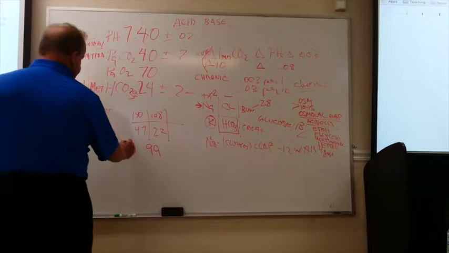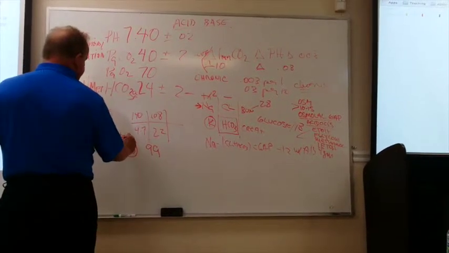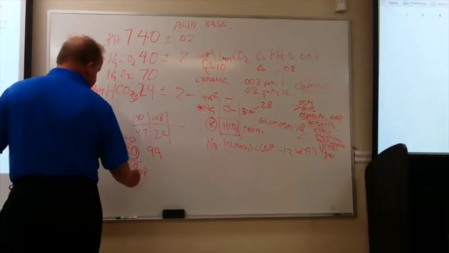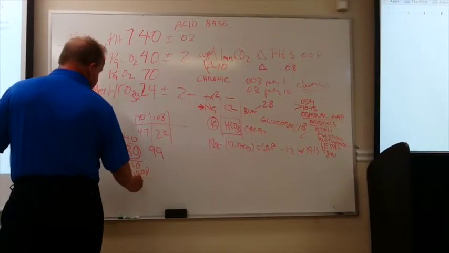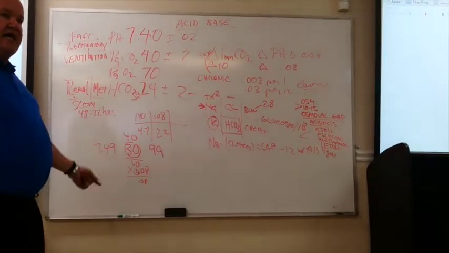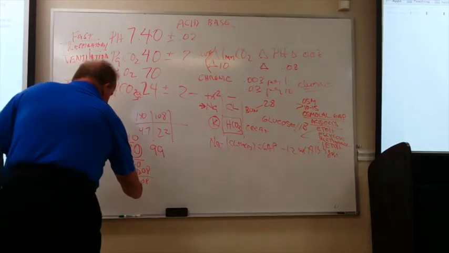Okay, so 30, my normal is 40, that's 10, times 0.008, just move it one over, so it's 0.08. This is an alkalosis, it went up, so I have to add it to 7.40.